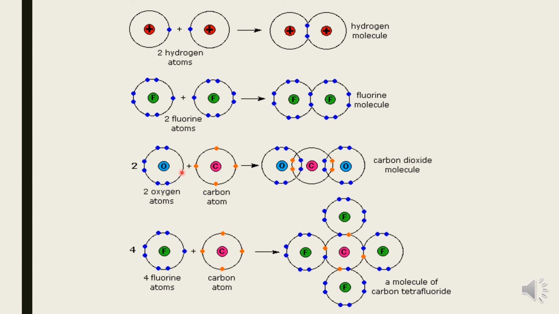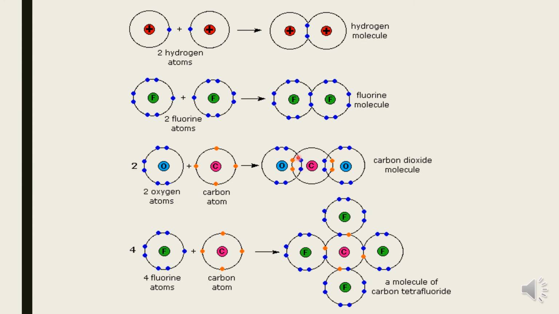So see here, carbon atom shares its 2 electrons with this oxygen atom, and carbon atom shares its another 2 electrons with the other oxygen atom. Likewise, oxygen shares its 2 electrons with these 2 electrons.